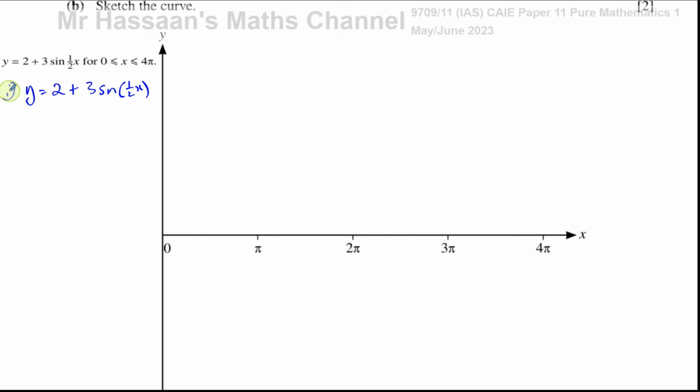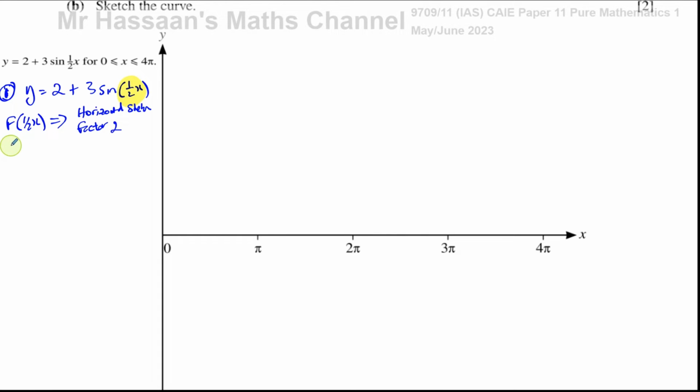So the first thing we're going to deal with is the things inside the function. Okay, and so that is represented by f of half x, which is basically a horizontal stretch, excuse my bad handwriting, stretch of factor the reciprocal of a half, which is 2.